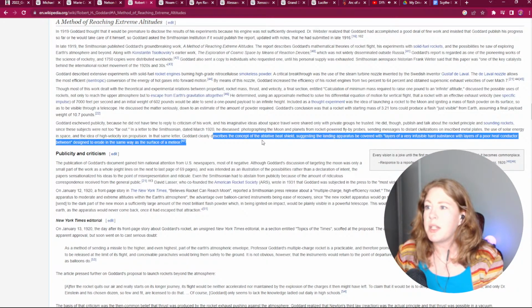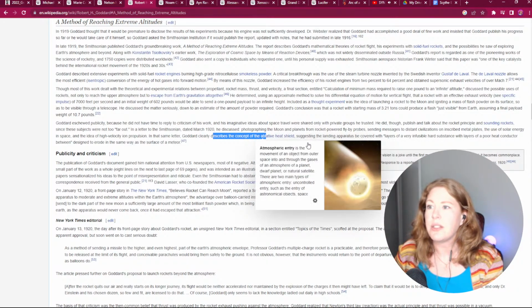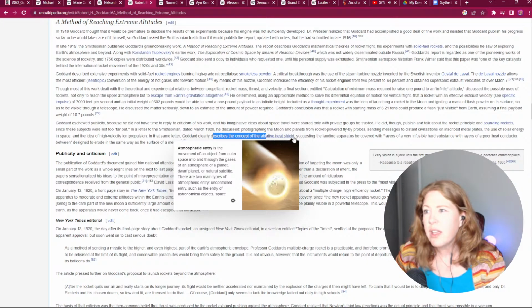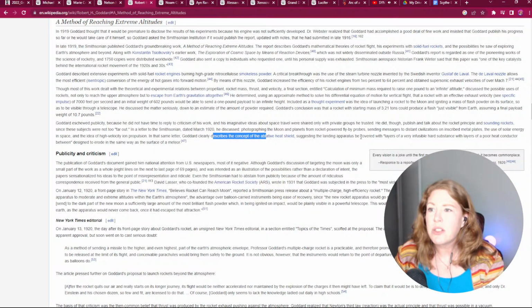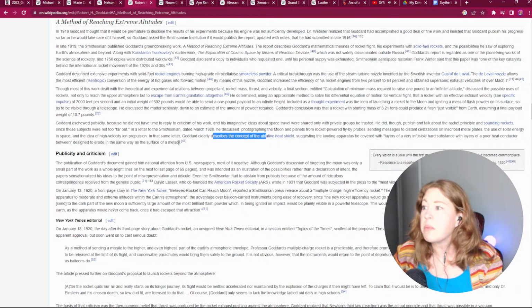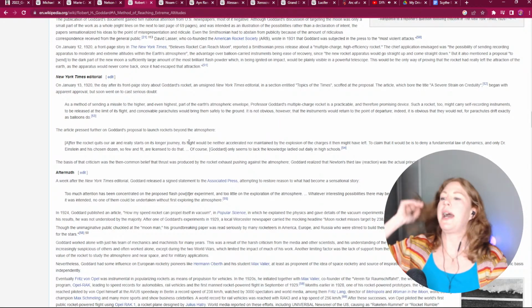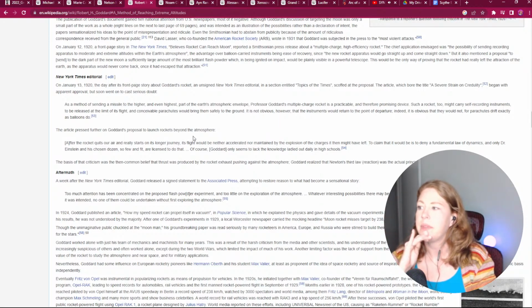He clearly describes the concept of an ablative heat shield for atmospheric entry, suggesting that the landing apparatus be covered with layers of very infusible hard substance with layers of poor heat conductor in between, designed to erode in the same way as the surface of a meteor. So he was pretty smart. It's actually not a bad patron historic for him.